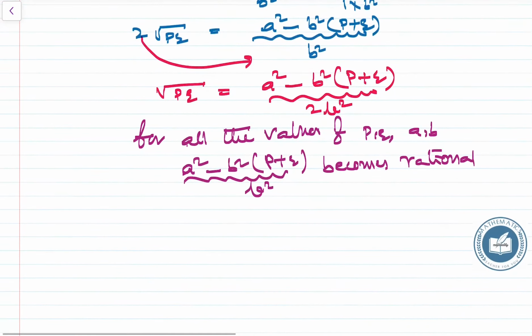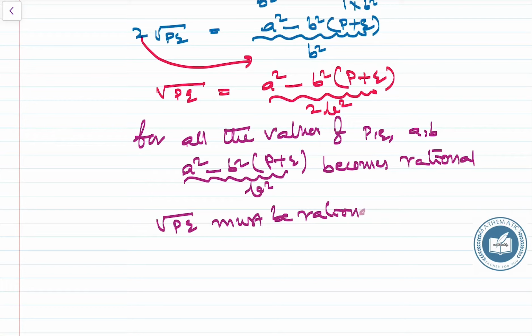So the right hand side is rational, so root pq must be rational. But we know that p, q are primes.